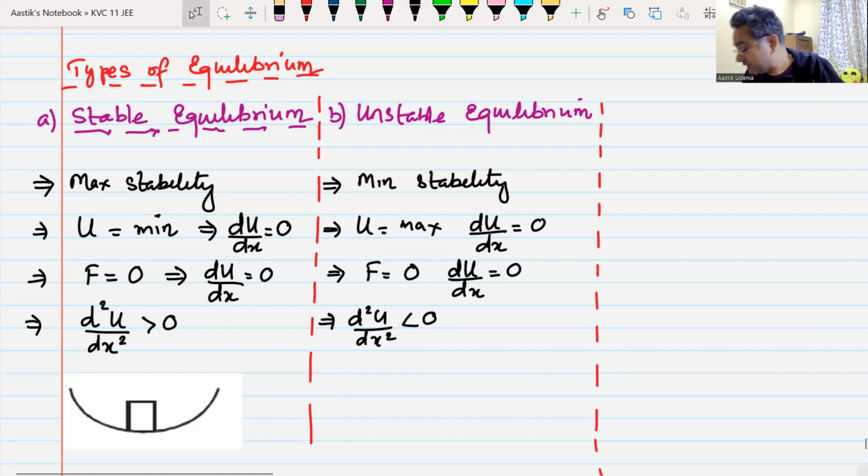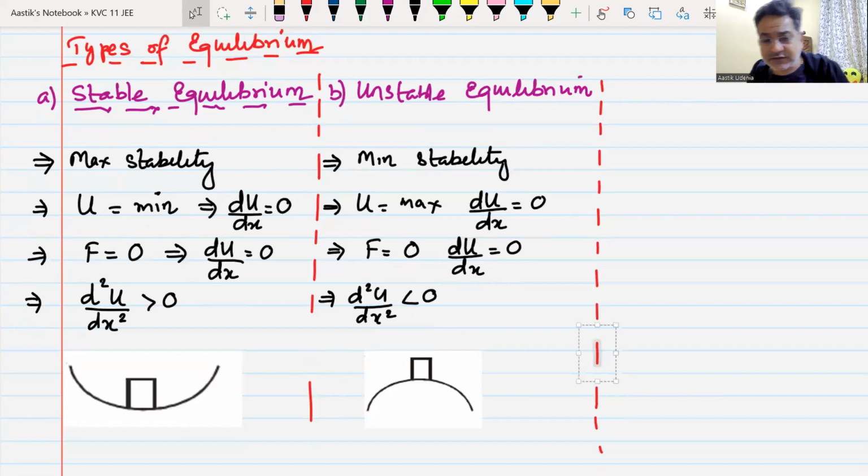So this is an example of unstable equilibrium, something kept at the top. As long as it is at the top, nothing happens. If I just push it, it will just go down. There is also a third type of equilibrium.